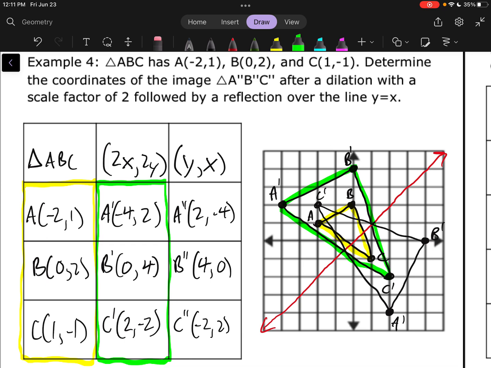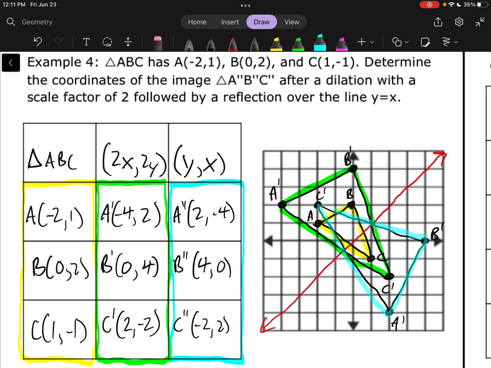And then we took that, we used that as a new pre-image for a reflection over the line y equals x, that red line I graphed, to create this. And that looks pretty good to me. Yeah, that looks great.